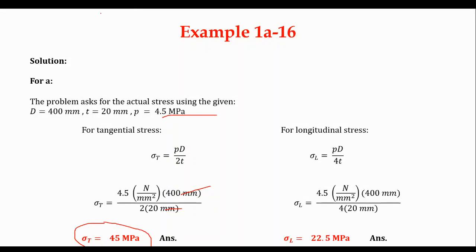How about the longitudinal? For the longitudinal, substitute again, it comes out 22.5 megapascal. So if the pipe carries 4.5 megapascal pressure, these are the stresses developed in the tangential and longitudinal directions. Okay.